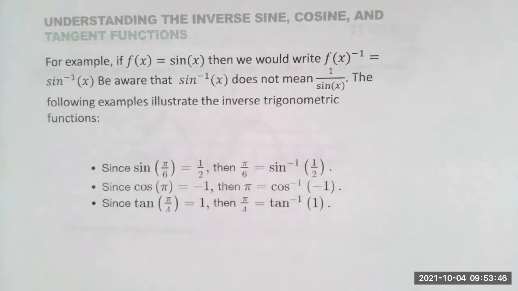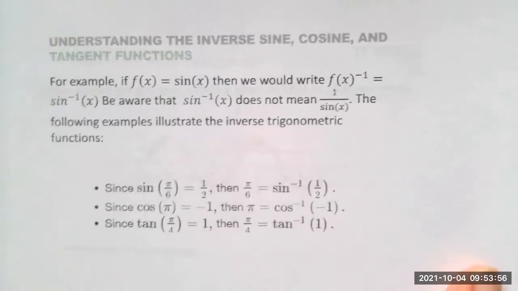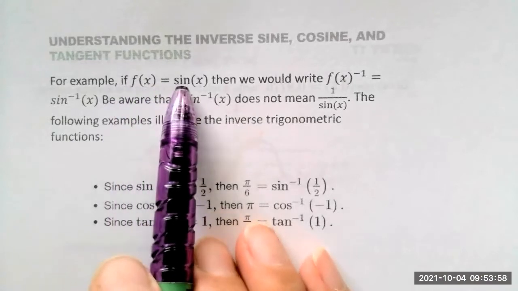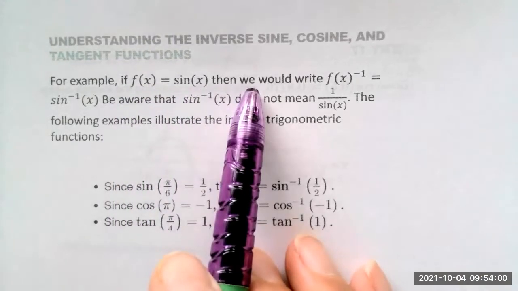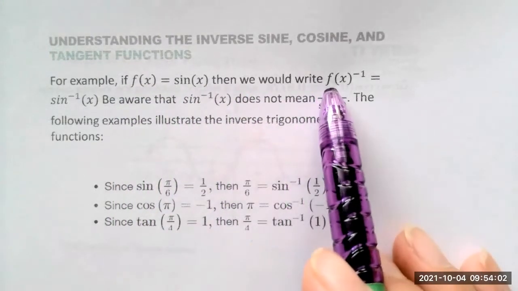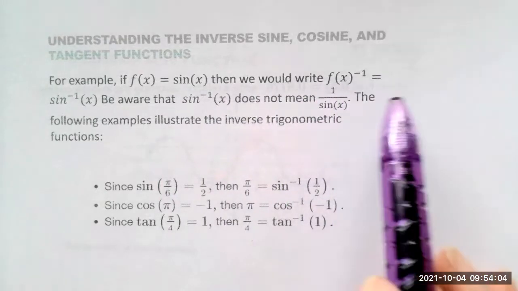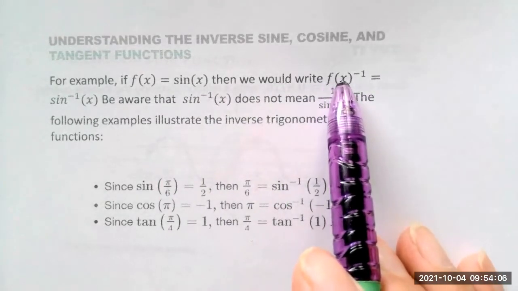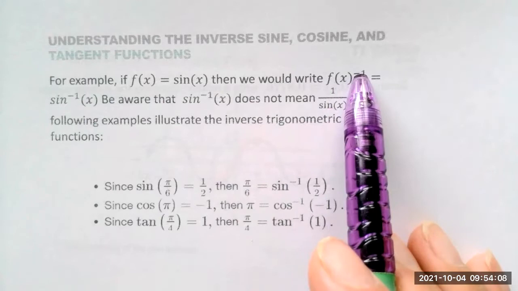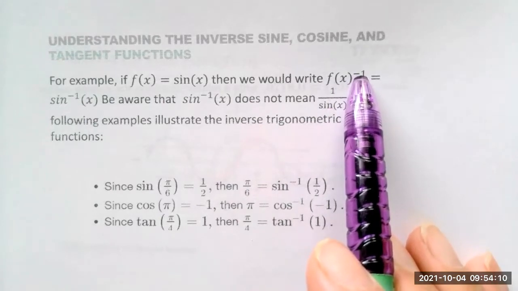Okay, let's continue. Notation for the inverse functions. If f of x is sine of x, then the inverse function looks like this: f with a -1.